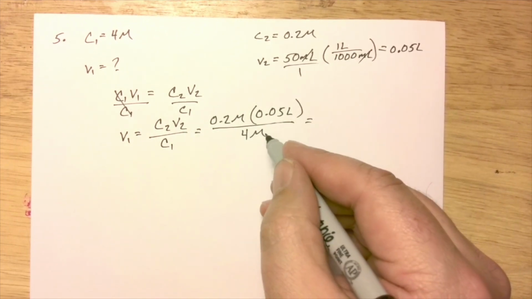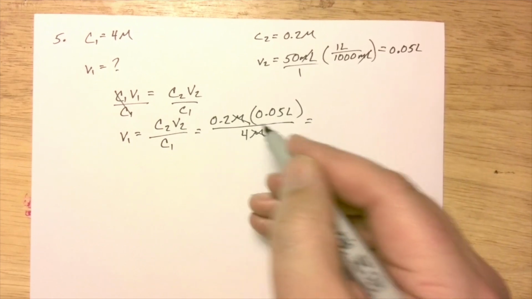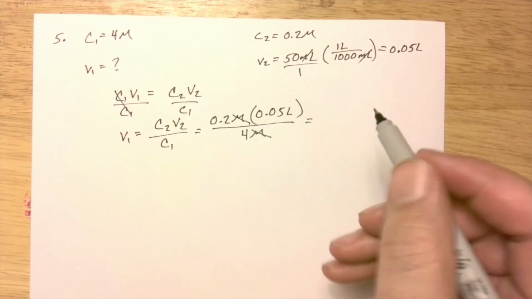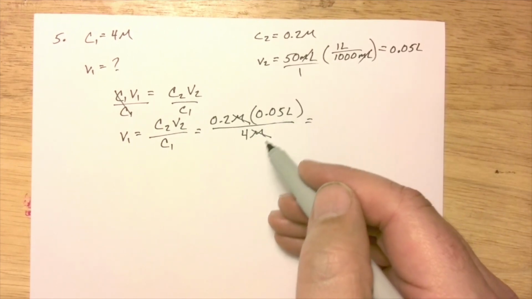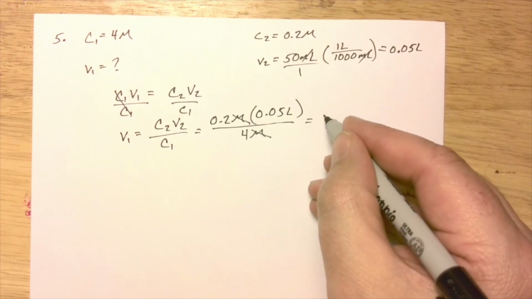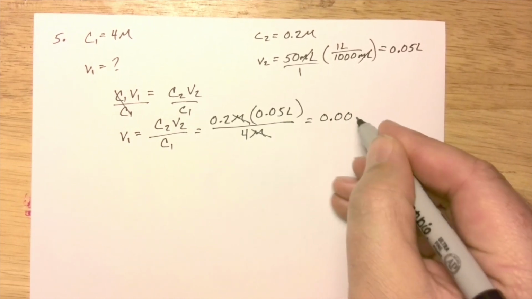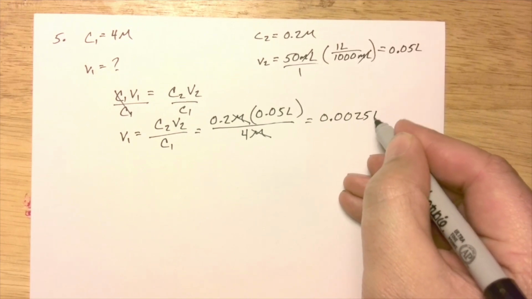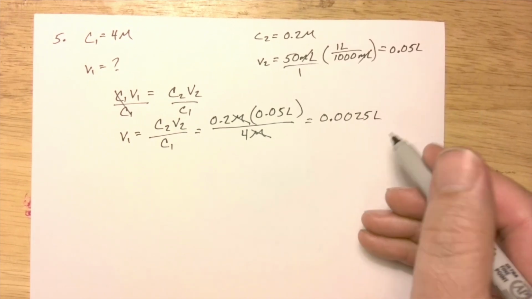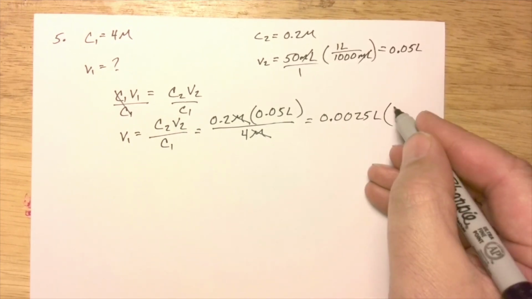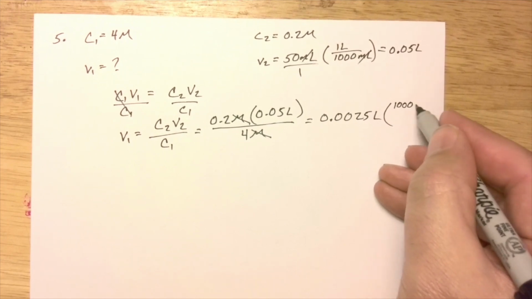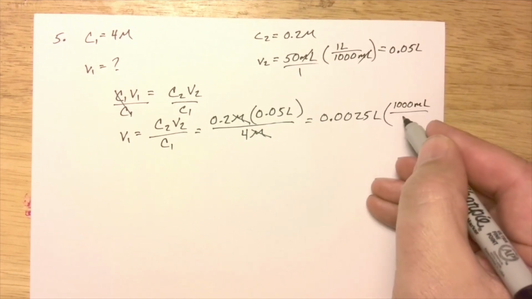If you check the units, the molarity will cancel out. And when you do 0.2 times 0.05 divided by 4, you end up getting 0.0025 liters. Now, that's kind of an unusual number, so let's convert that into milliliters. 1,000 milliliters all over 1 liter.